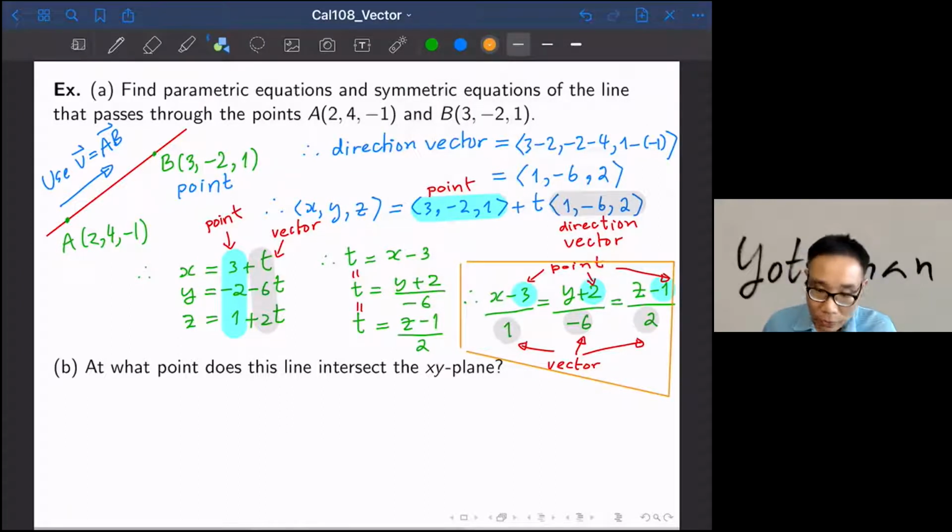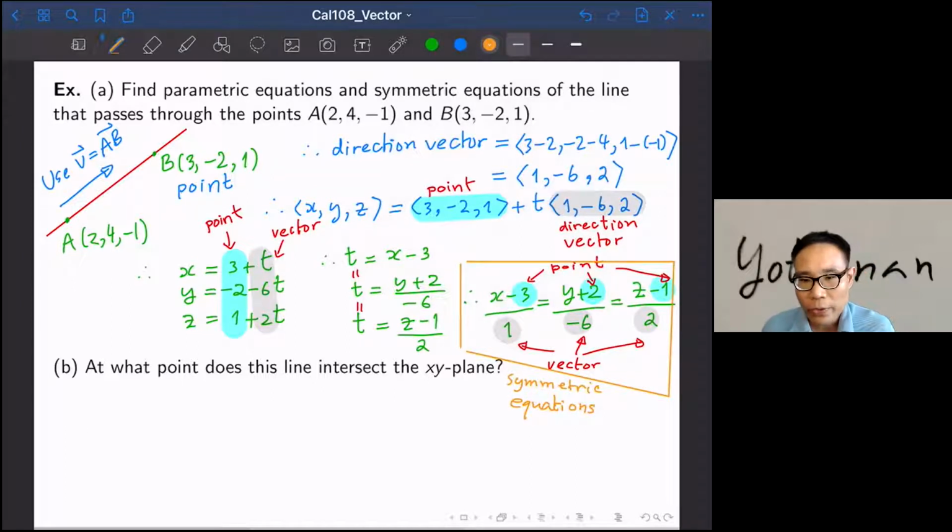The equation in this form is called the symmetric equation.